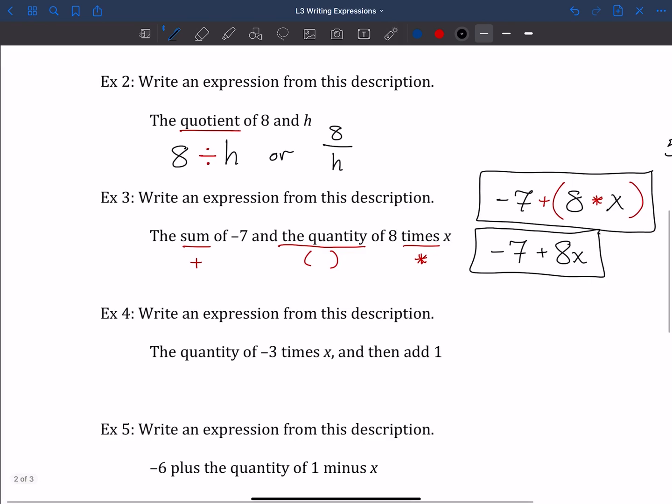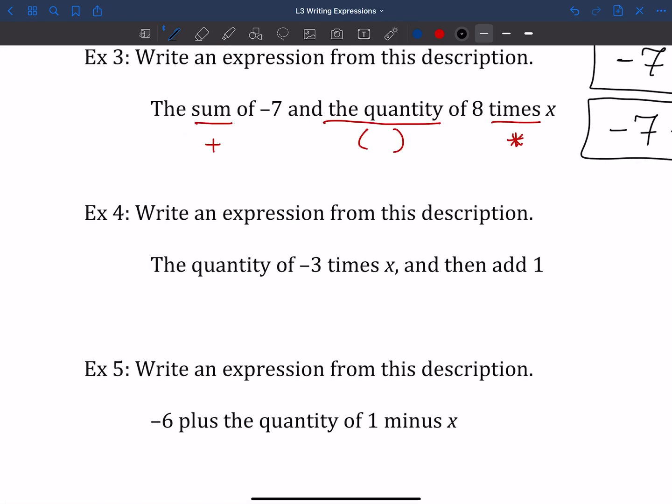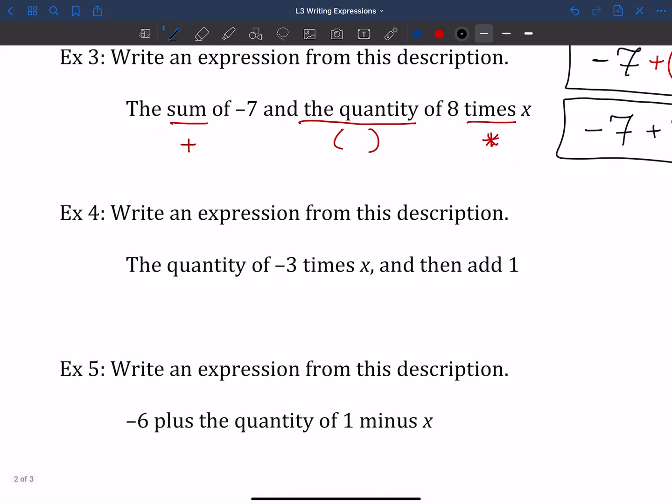So, let's take a look at another couple. Again, looking for keywords is the important piece here. We have the quantity of -3 times x, and then add 1.